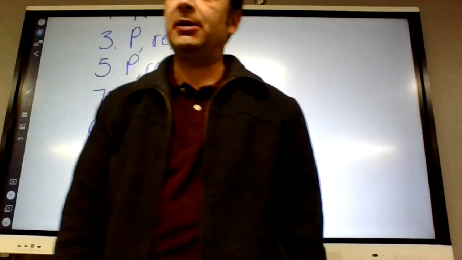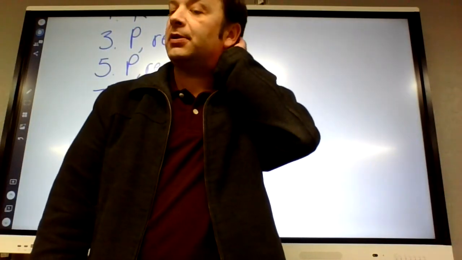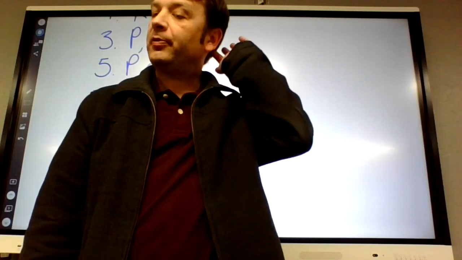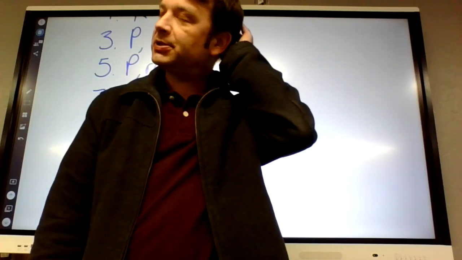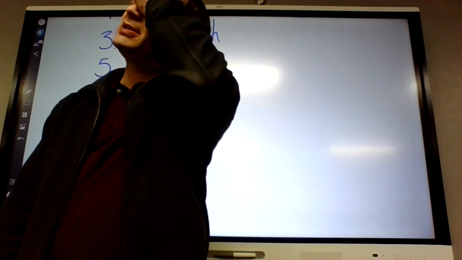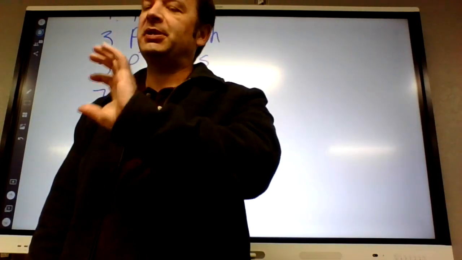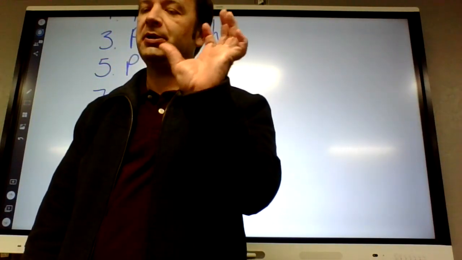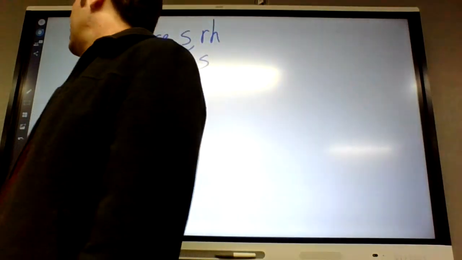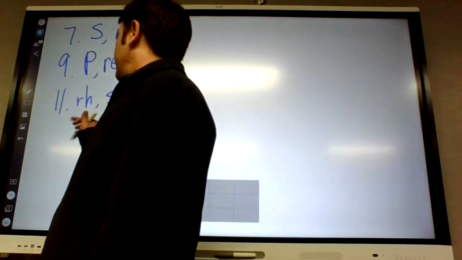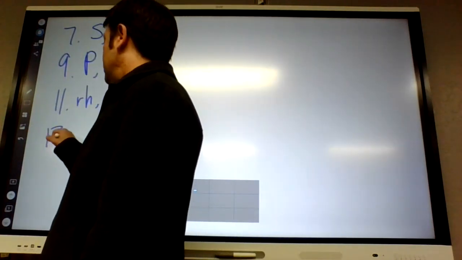They say describe how to check that each figure is a described type of quadrilateral using only a compass to measure the lengths. So basically, they're saying if we could only measure lengths, how could we prove this is a blank? So on 13, what needs to be equal length for that to be a parallelogram?